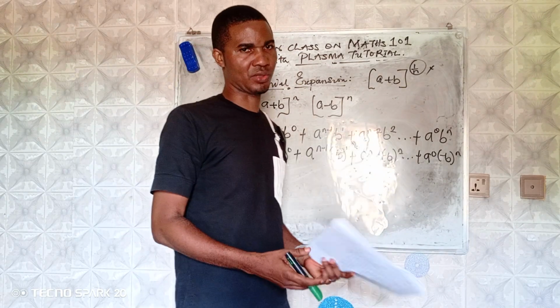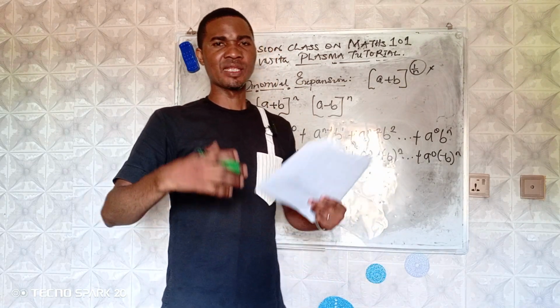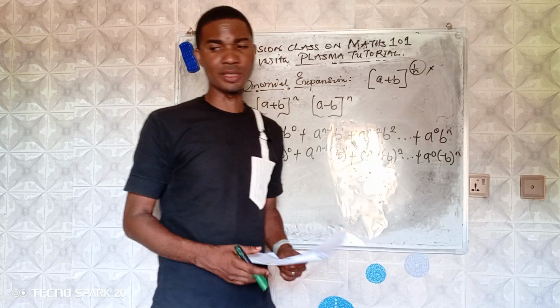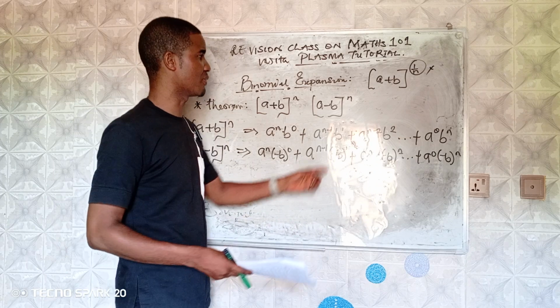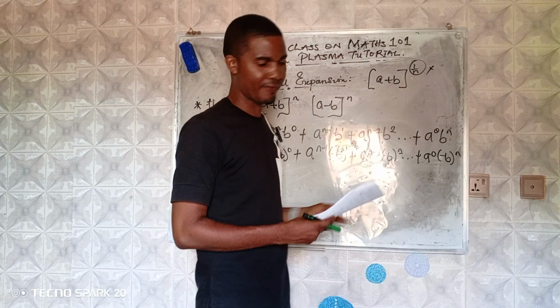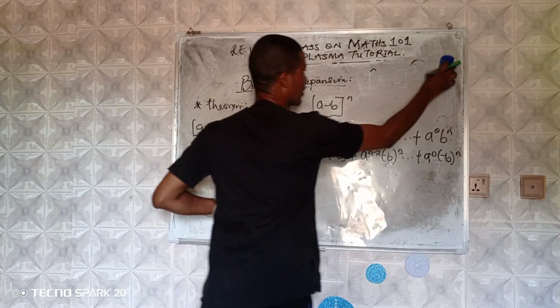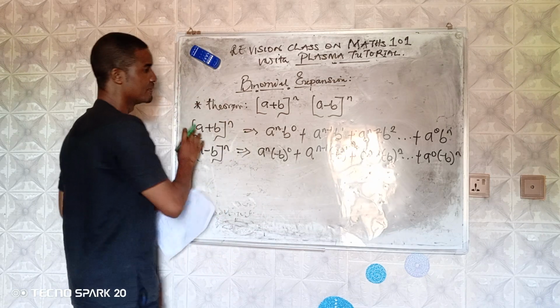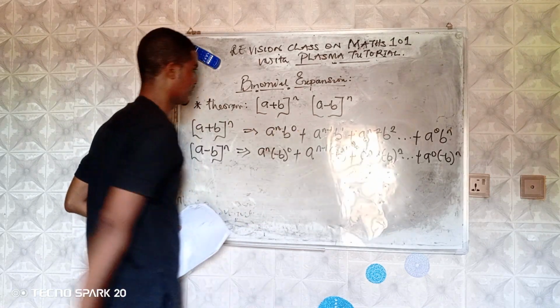There is a solution to those things also, but since you are preparing for the school exam, you have to follow what the school syllabus says. So the power of n should be a whole number and not a fraction. Note that so that you limit what you are reading. Time is limited, so don't read irrelevant things. So this is the theory.